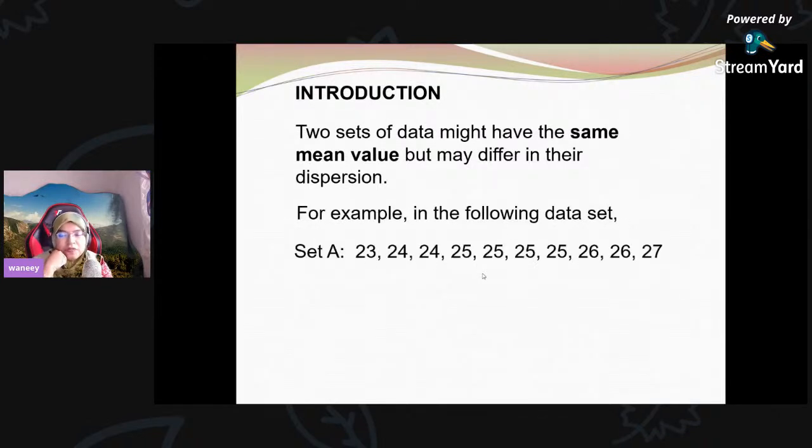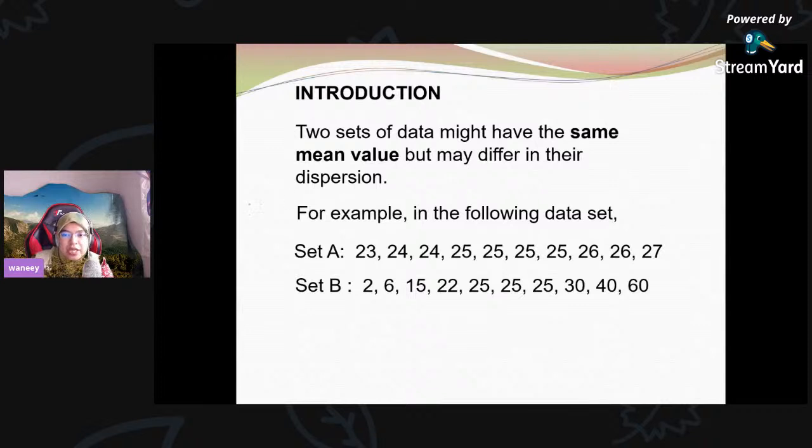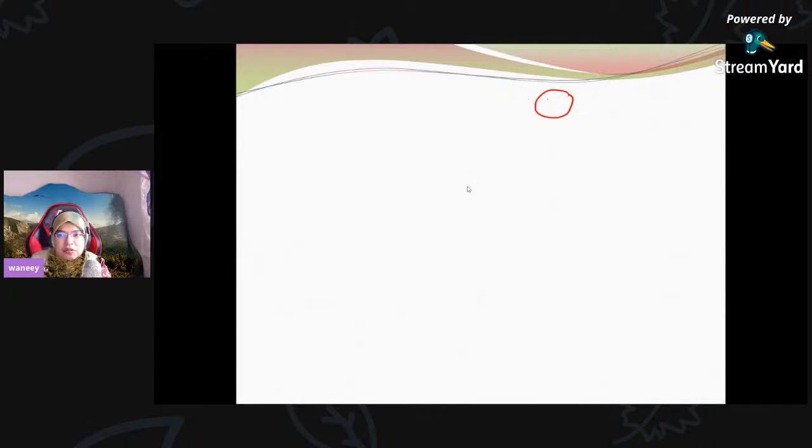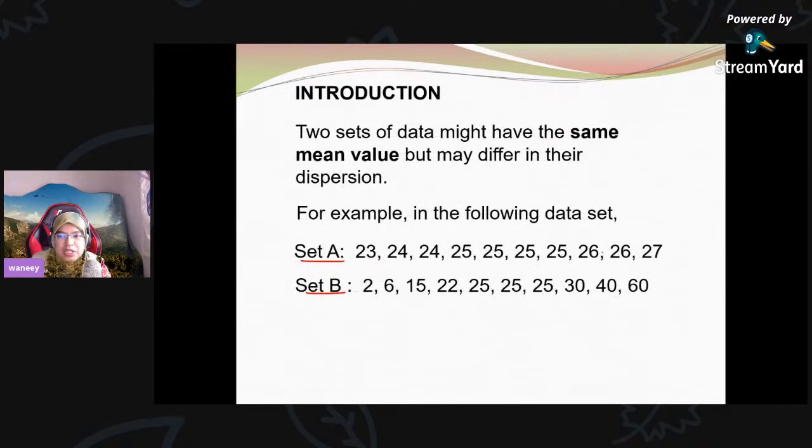For example, in the following sets of data, we have A and we have B. For both of them, we actually have the same mean, which is 25. So you can actually calculate for both A and B. The mean is 25, but most of the numbers in the first set are around the mean. For this one, these are 20 plus, so this is around our mean, which is 25.